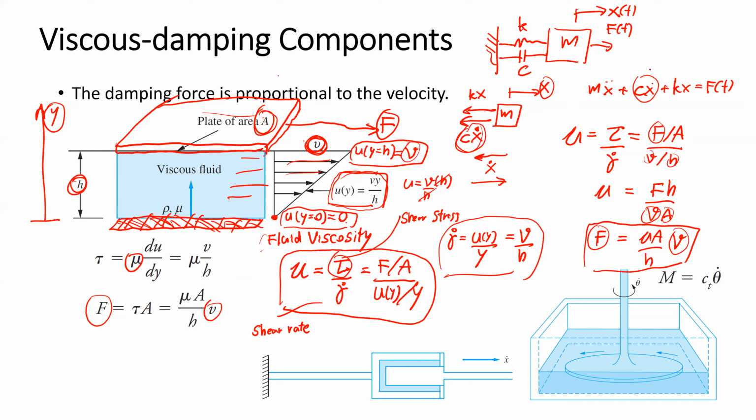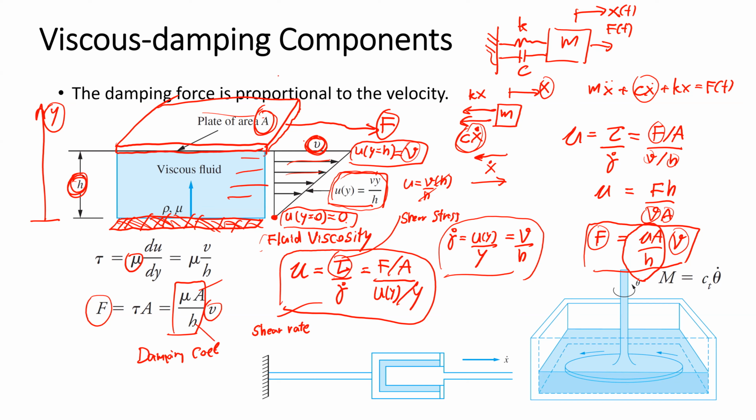And the damping coefficient is the fluid viscosity multiplied by the area and divided by h, the height of the layer.